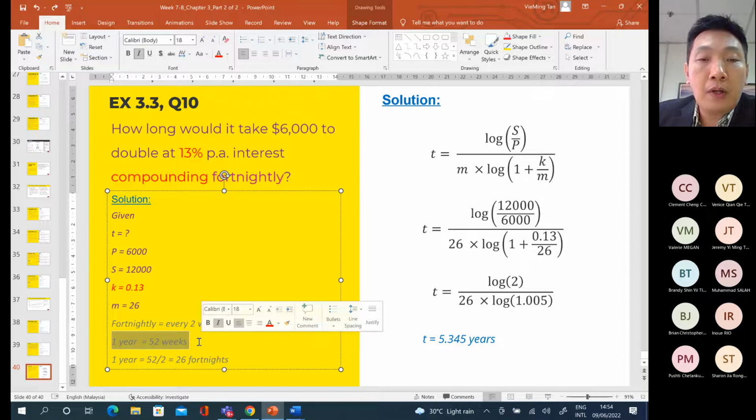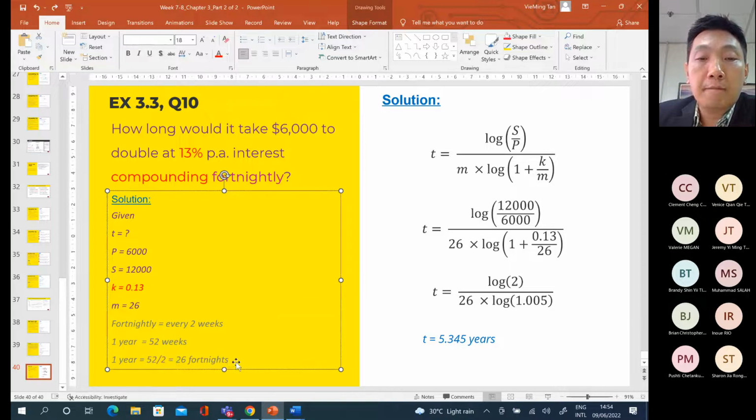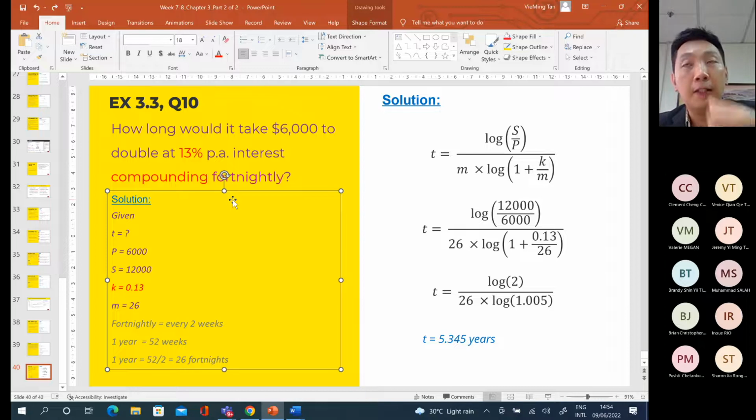So to identify how many fortnights in 1 year, you can use 52 divided by 2, which is equal to 26 fortnights. So if the interest is compounded fortnightly, that means within a year, the interest will be compounded, calculated, or given to the investor 26 times in a year. So M is equal to 26.